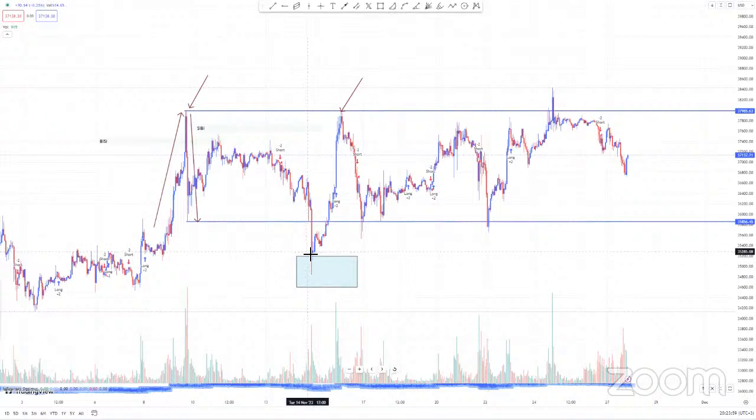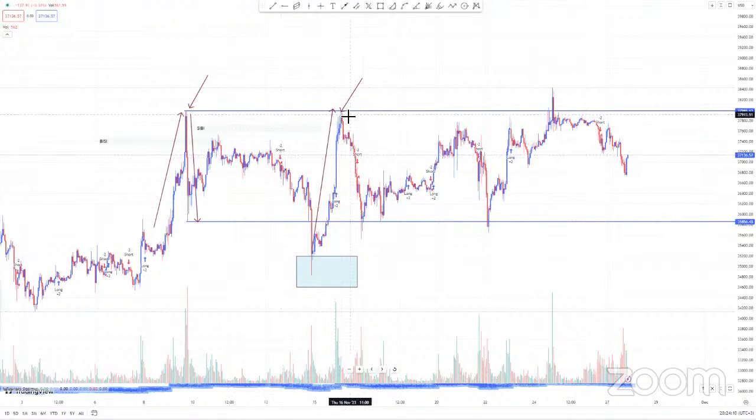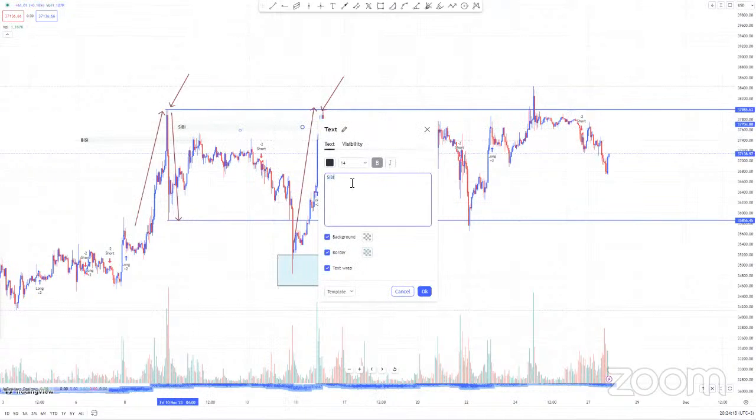Immediately this happened, we can see that price moved higher, and this void was immediately filled. What that means is every single time it does this and you've marked your equal highs and equal lows, you can be looking to sell into the voids. The moment a void is made, so in this case here, this is a void, okay?